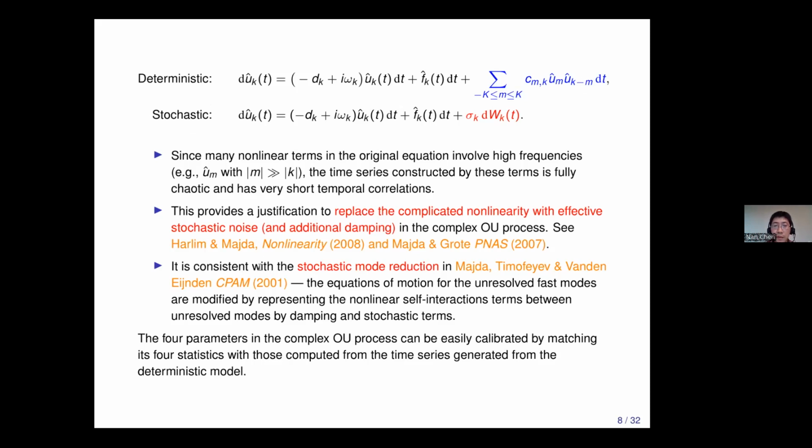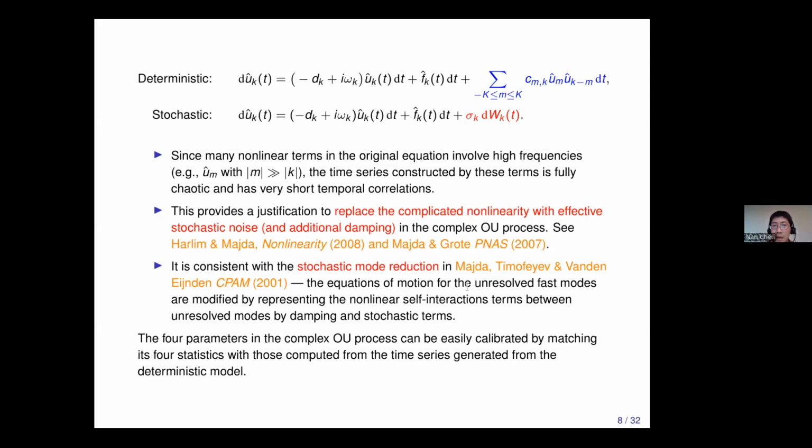And if you are familiar with the so-called stochastic model reduction developed by Majda, Timofeyev and Vanden-Eijnden 22 years ago, you know that the equations of motion for these small-scale or unresolved fast modes are usually modified by representing the nonlinear self-interaction terms between the unresolved modes by damping and stochastic terms.